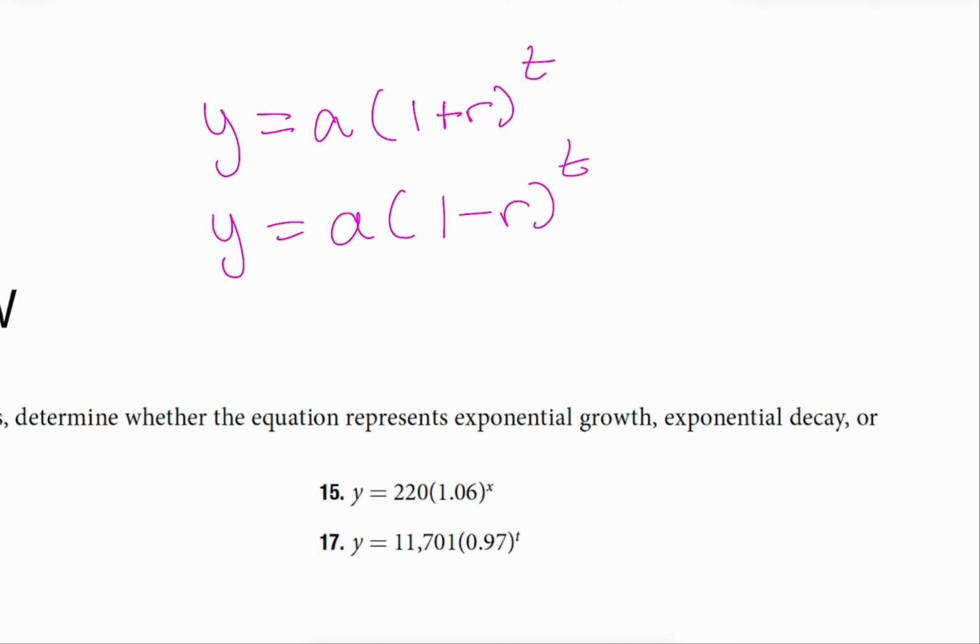If we add on a rate, that's going to be a growth. The reason is that if our rate is, say, 2%, that would be 1.02. But if we subtract off the rate, so if our rate is 2% but it's declining, or it's a decay, we are going to be subtracting. And so our base will always be some positive number between 0 and 1.